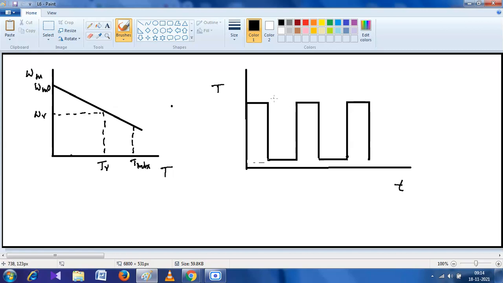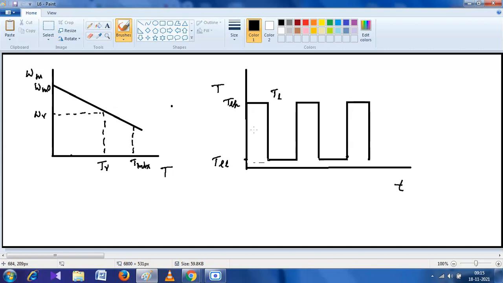Suppose this is the load torque, and this point is TLH, and this point is TLL.